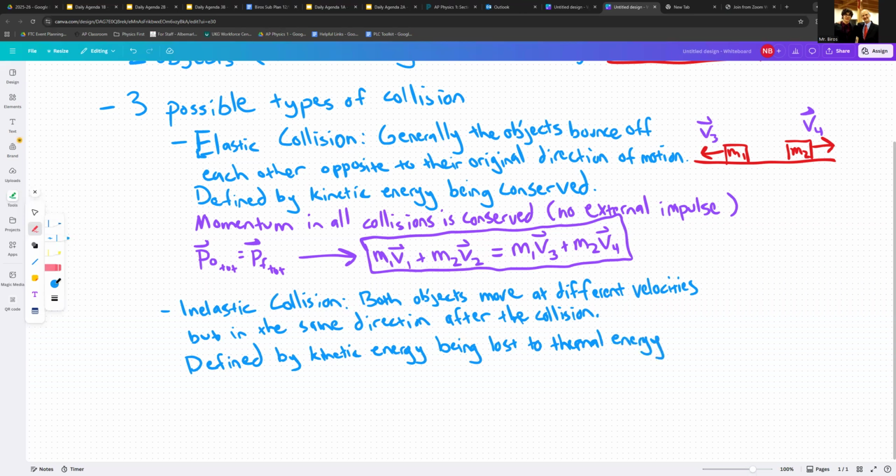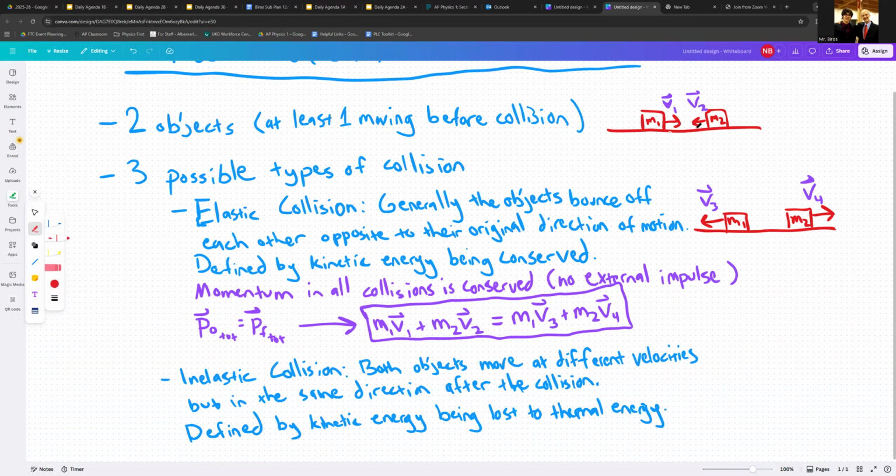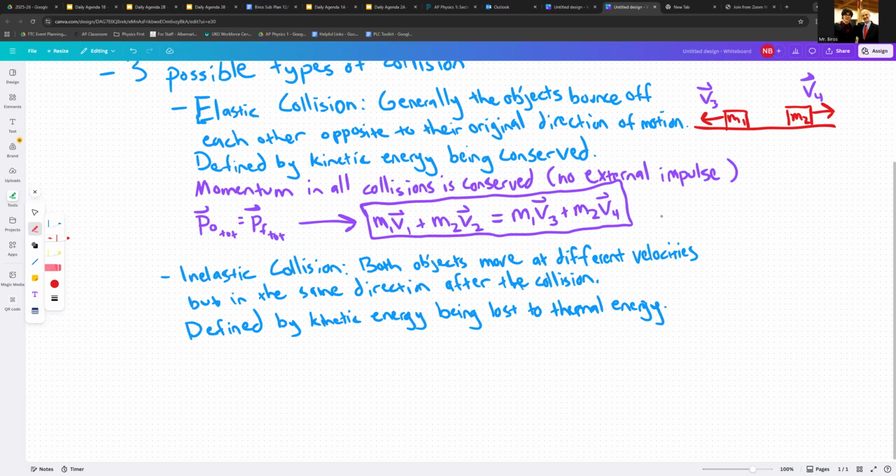Okay, let's draw a little visual for this, what it looks like after they collide. So M1 hits M2. Now, we talked a bit before about how it depends on what the masses are. Like, if one of the masses is way bigger, let's say M1 is 4 times as big as M2, or maybe M1 is just going really fast and has a ton of velocity and a lot of momentum before the collision.